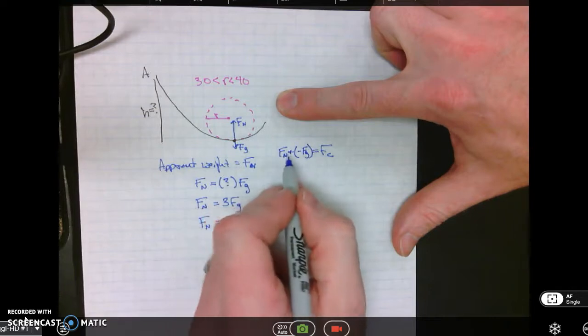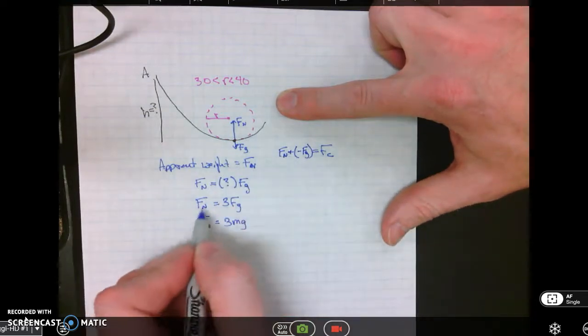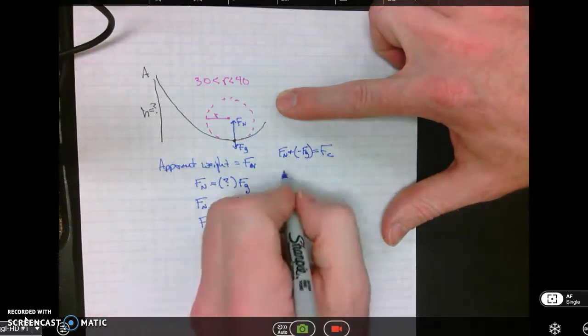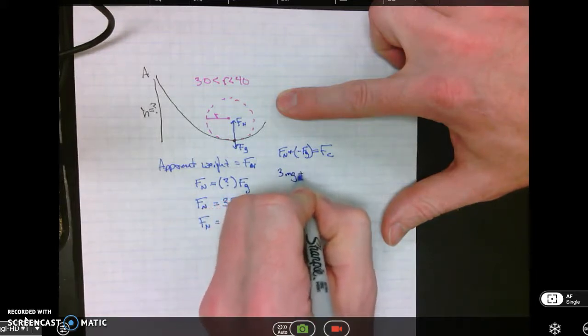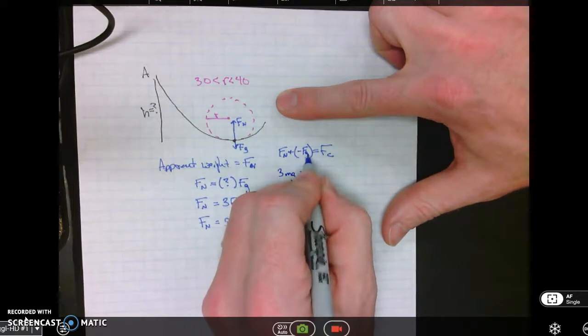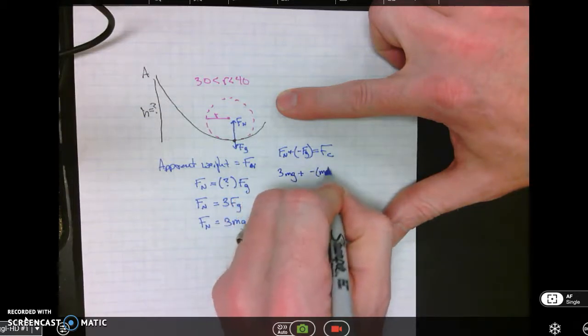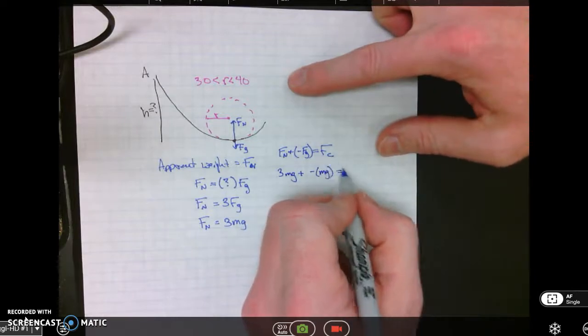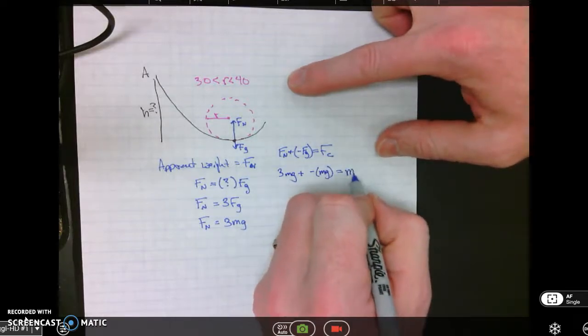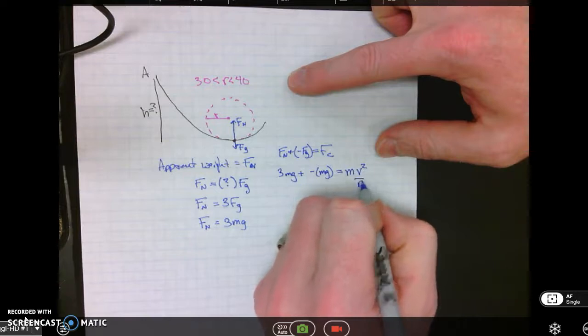Now, you already told me, or we told each other, that Fn is going to be 3 mg. So Fn comes out, 3 mg goes in, plus negative Fg is mg. And that equals net centripetal force, which we have the formula for, is mv squared over r.